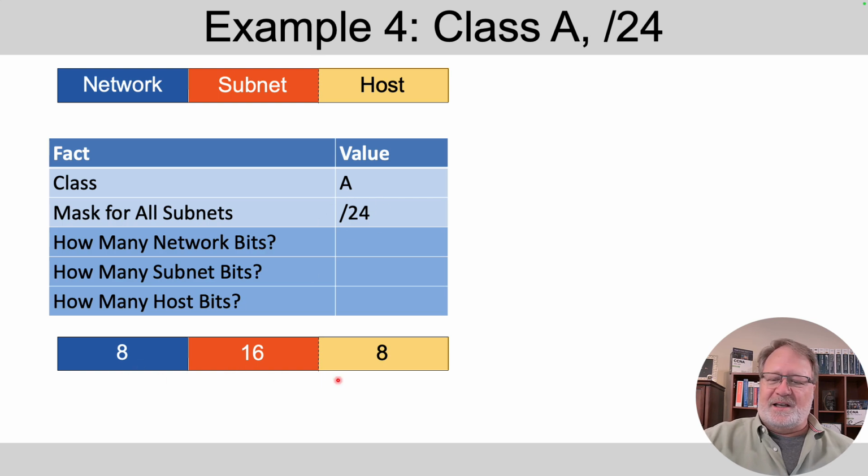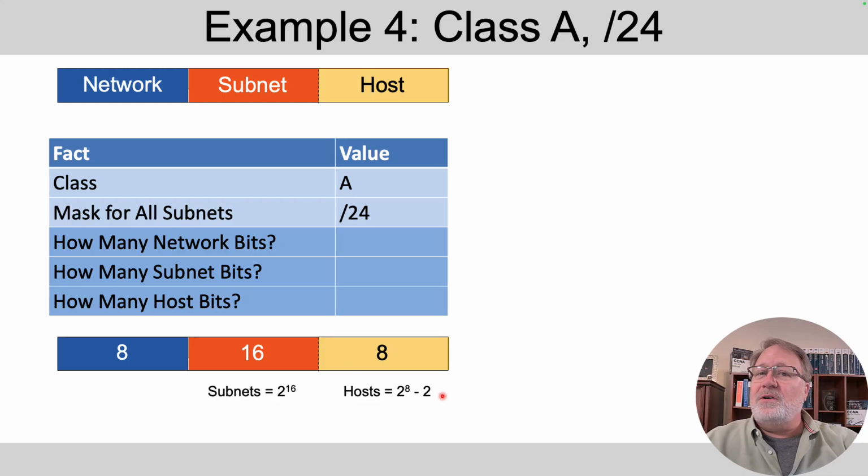The three fields together need to add up to 32. That leaves us with 8 host bits. So we end up with 2 to the 8th minus 2, or 254 addresses per subnet, with over 65,000 subnets created with this design. This is a very popular choice to use private Class A network 10 with this mask. It's a very simple mask to use as well.